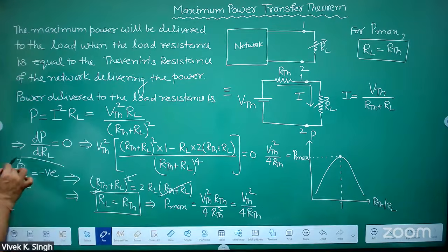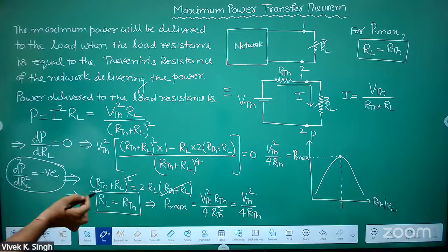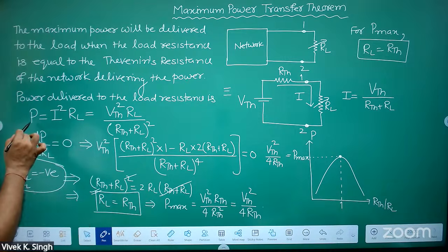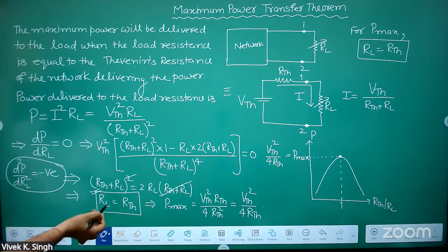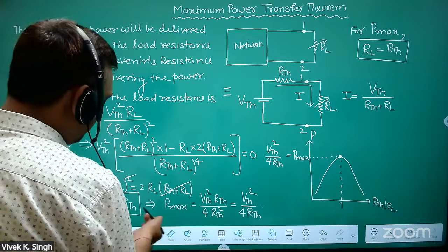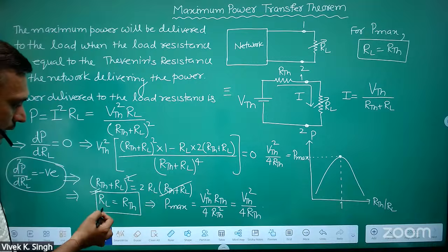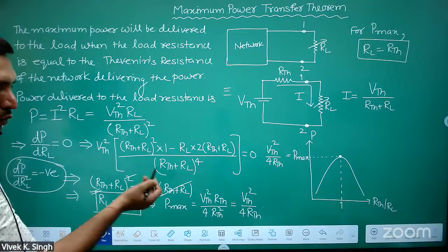I'm using the maximum minima condition. So at this particular value, this power will be maximum. And then if you put the value of RL is equal to RTH, you will get the maximum value. Because you are getting that RL is equal to RTH, power delivered to the load is maximum.